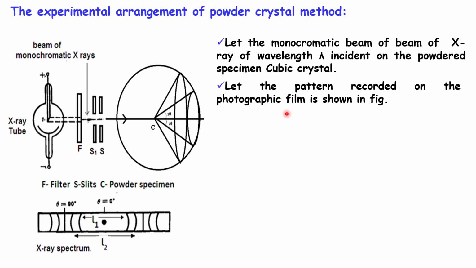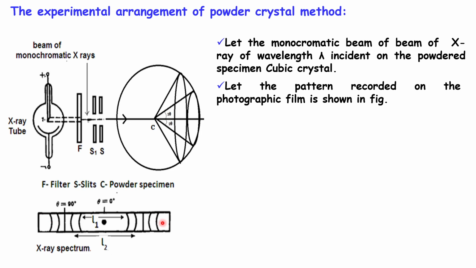We have seen in the working of the powder method, when the monochromatic beam of the X-ray is incident on the powder material, it is diffracted from the powdered crystalline material and it forms the concentric circular rings on the photographic film.